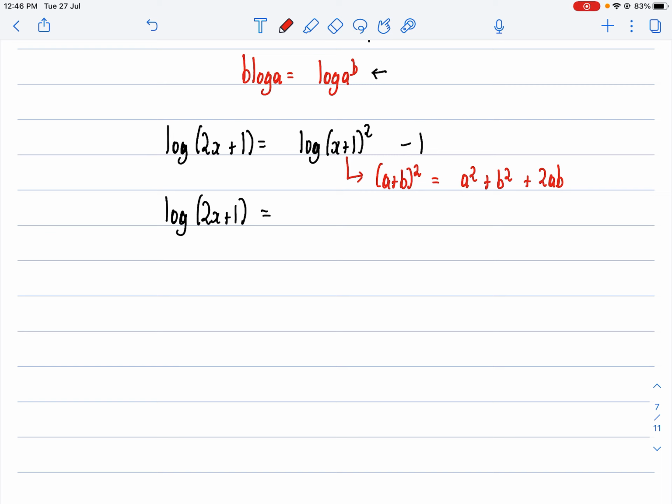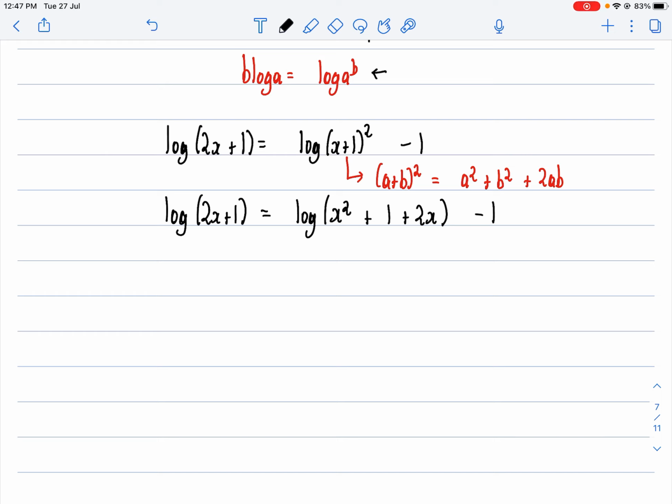Correct? So I can simply write this as log of x square plus 1 square plus 2 into x into 1, which is basically 2x, minus 1. Correct? This is how I can write it.